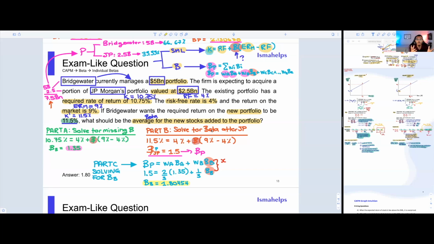We're missing the beta of B, which is quite literally what the question is asking from you, the mission of this problem, which is finding the individual beta of that added asset, of that acquisition. And then in part C, you just got to solve for it. It's basic algebra, right? You plug in all of your information, you get that the beta of JPMorgan is 1.80.